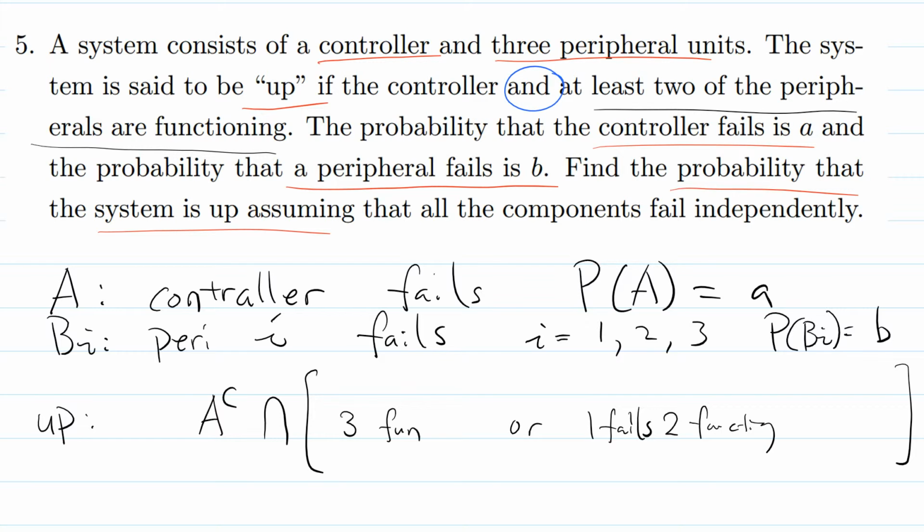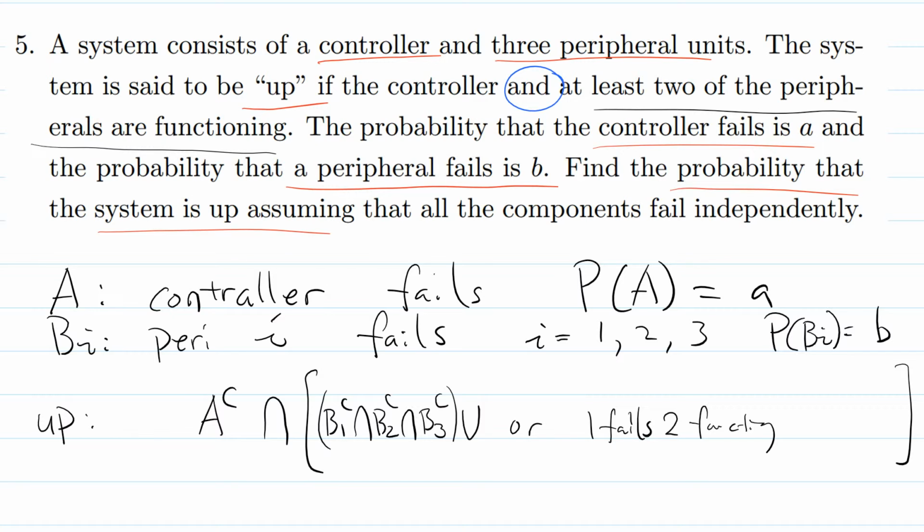Three peripherals all functioning means peripheral 1 is functioning, that is B1 complement, and peripheral 2 is also functioning, intersection B2 complement, and peripheral 3 is functioning, so intersection B3 complement. This situation can happen, or the other situation can happen, so this would be union with the other kind of situations.